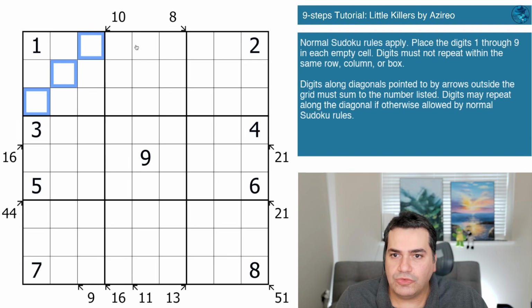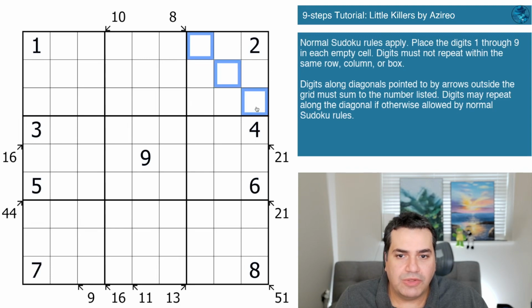What those diagonals and arrows mean, let's take this 8 cell, for example, is that these 3 cells must add up to 8, if you sum them all up. And that's really all the rules that we have for today's puzzle. Not too many variants, and hopefully something that you will be able to enjoy.